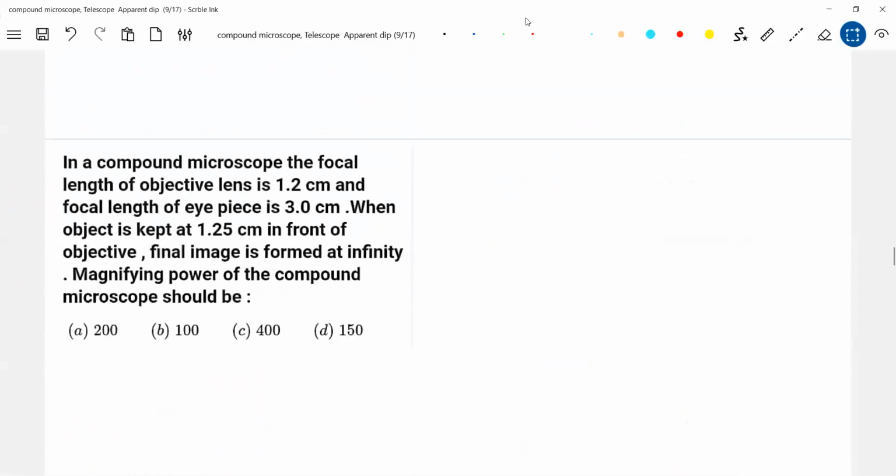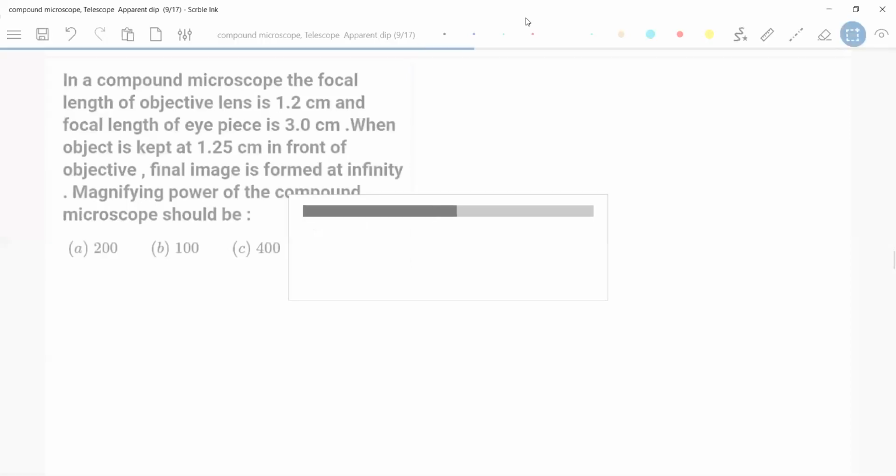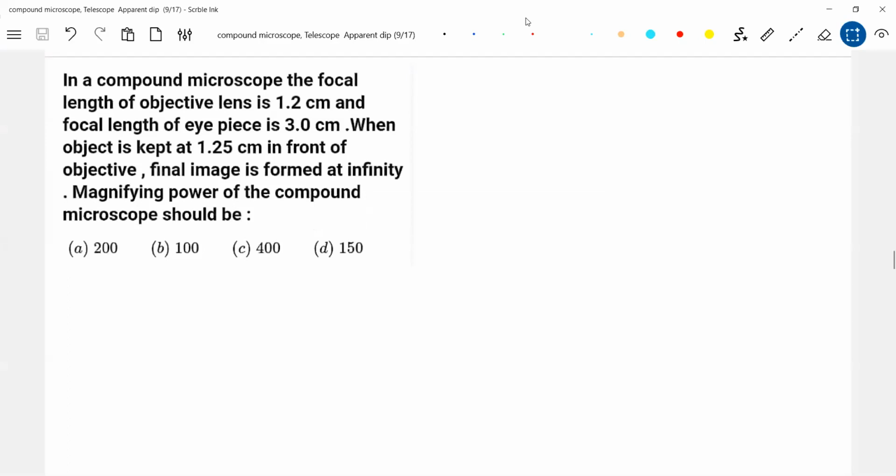Okay, read this question. Draw some rough diagram. Don't draw a ray diagram, only show the lenses.